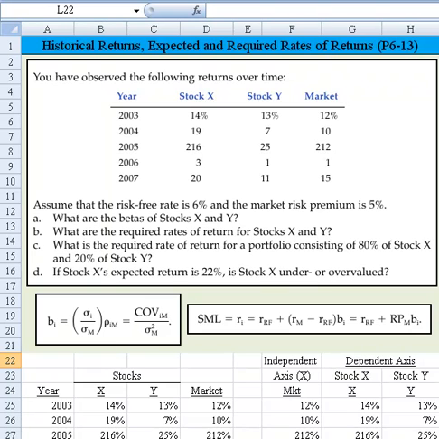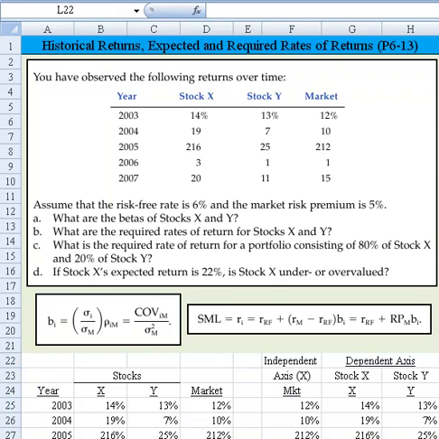First, the left one is the formula for the beta for stock i, and I want to focus on this area right above my mouse. Let's look at the first symbol.